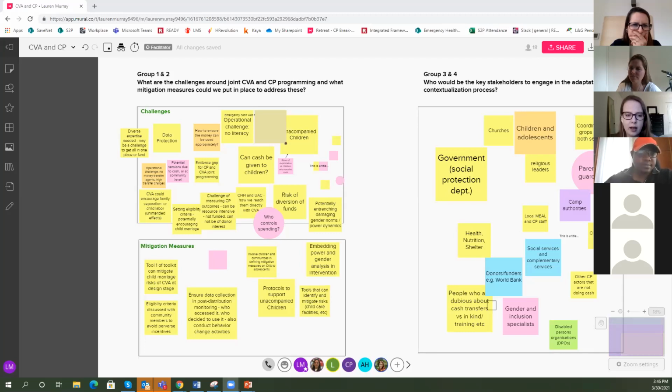Also some ideas about mitigation techniques or activities could be to have childcare facilities, for example, to allow for adults to participate in cash for work programming without either leaving their children at home or having their children work in labor. So we had a pretty rich discussion about who controls spending and all of these other risks. So I won't get into all of them now, but I think we came up with quite a few.